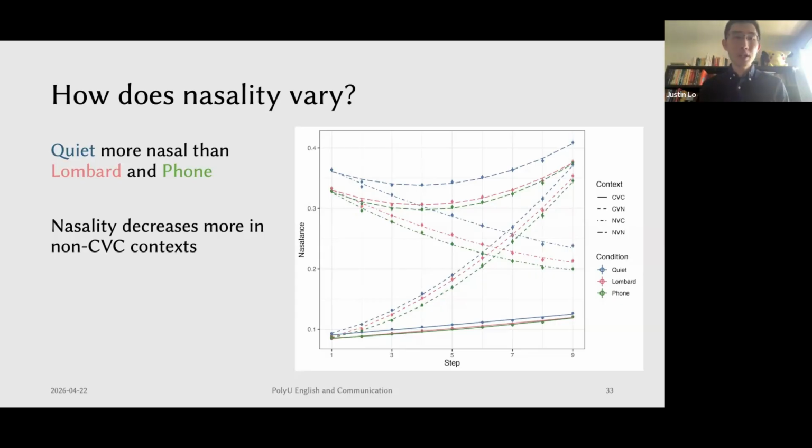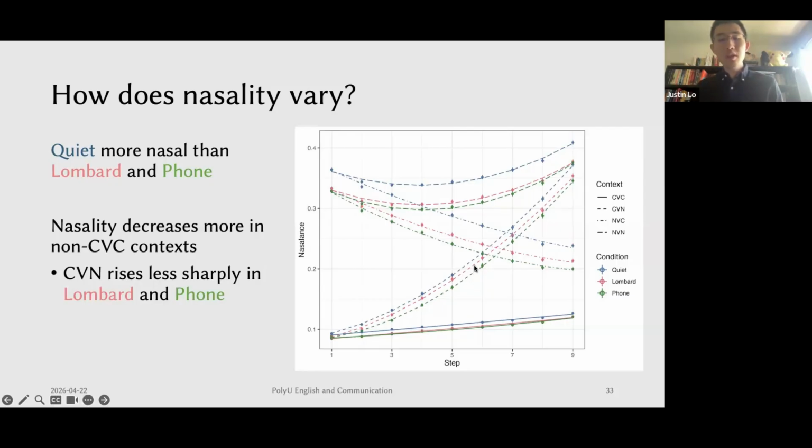So when you speak in Lombard speech, your vowels become more oral, less nasal, for British English speakers. Nasality decreases more when it's not in the CVC context, so when it's not in that oral baseline. And in terms of trajectory, the green and the red curves rise less sharply than the blue ones, meaning that nasality rises quite a bit less in those conditions.